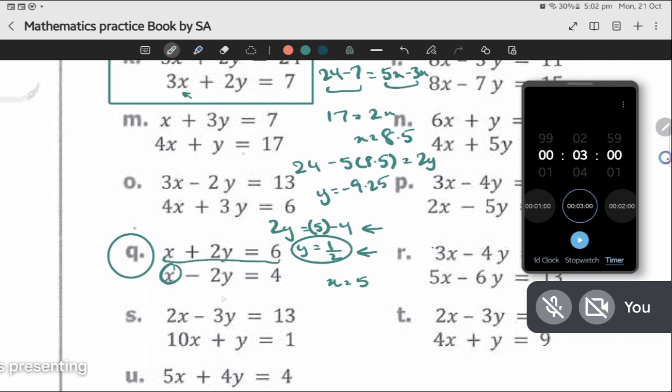So 2y is equal to 6 minus x, right? Yes. 6 minus 5. So this gives us 1. y is equal to 1 over 2, or 0.5, whichever is better for you.